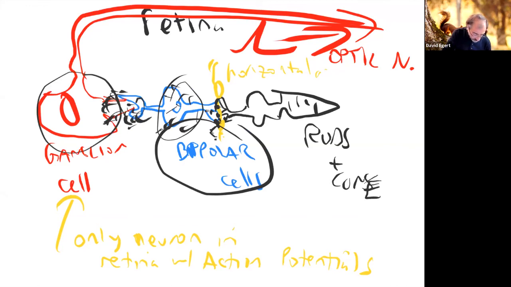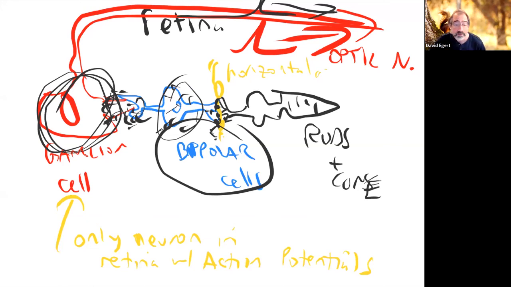And ultimately, when the ganglion cell gets enough activation, it will send an action potential off to the brain. So the glutamate is just one of the parts of the communication between these different neural cells in the retina. So that's what its role is.